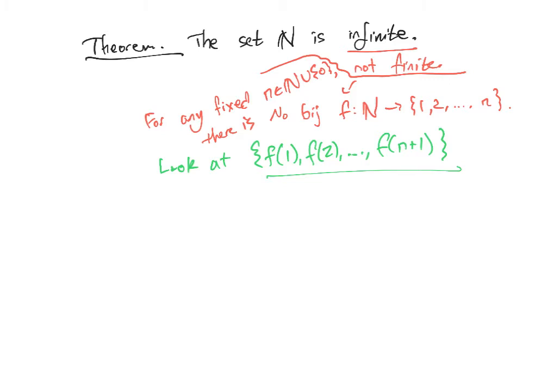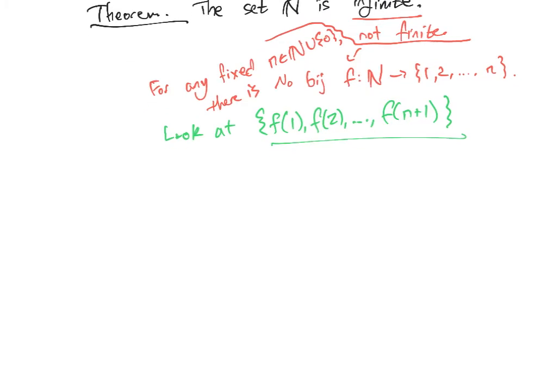So this is all we're going to say about finite and infinite sets. Okay, the existence of these bijections, and then we're going to move on to different types of infinite sets. So we're going to have a definition here. And people differ on this definition too.